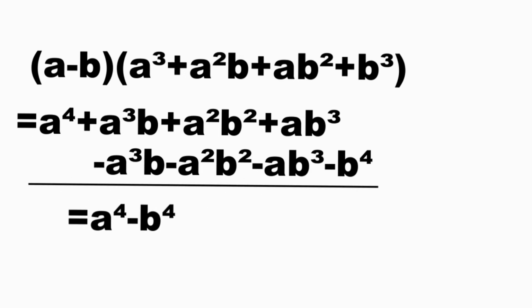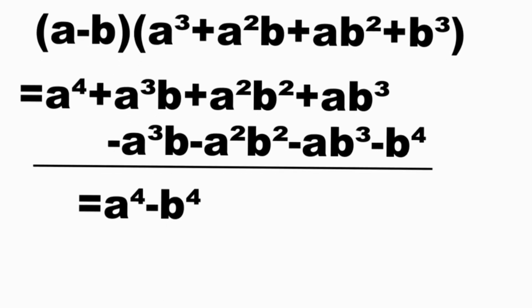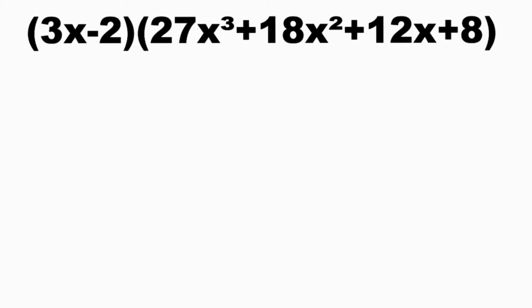Combining the like terms, the two terms left are A to the fourth minus B to the fourth. So 4, power 4, is an even number. So this is the difference of two even powers.